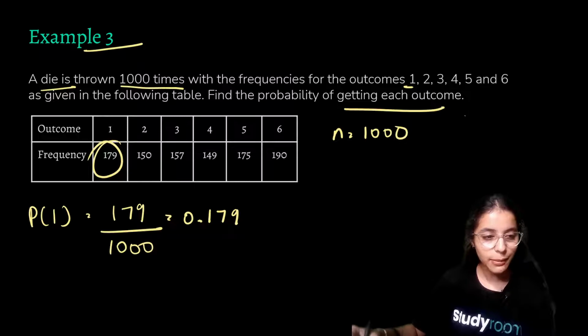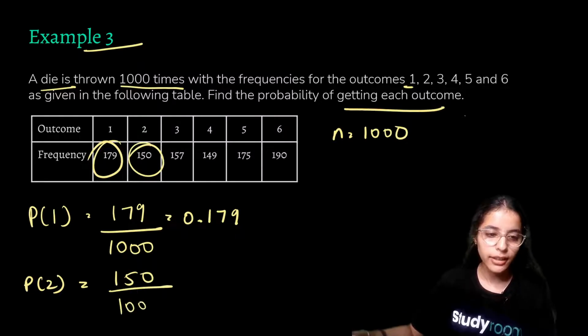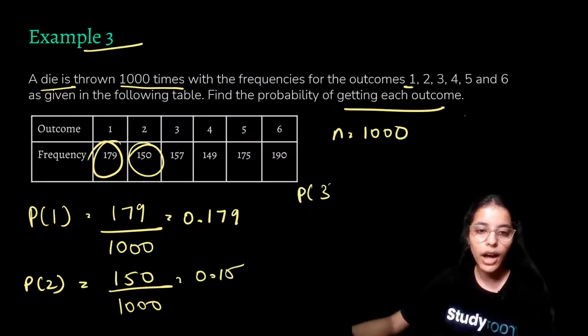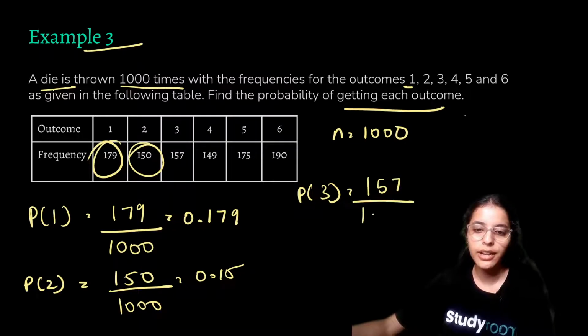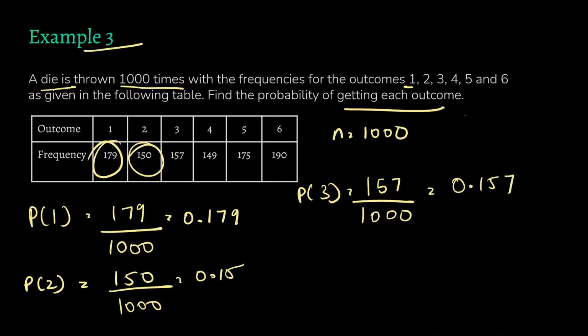So we'll get 0.179. Similarly, the probability of getting 2 is equal to 150, that is the number of times 2 has occurred, divided by 1000. That is 0.15. And we can take out the other probabilities like that only. For 3, we have 157 divided by 1000. We get 0.157.